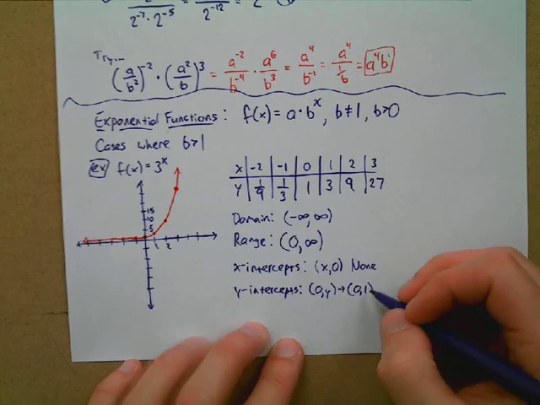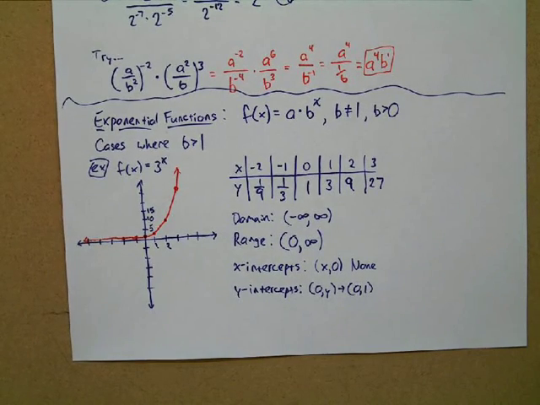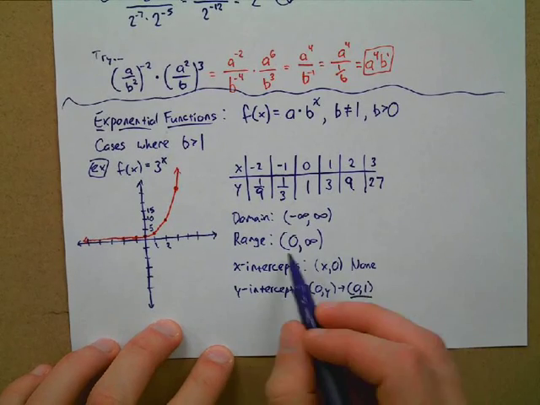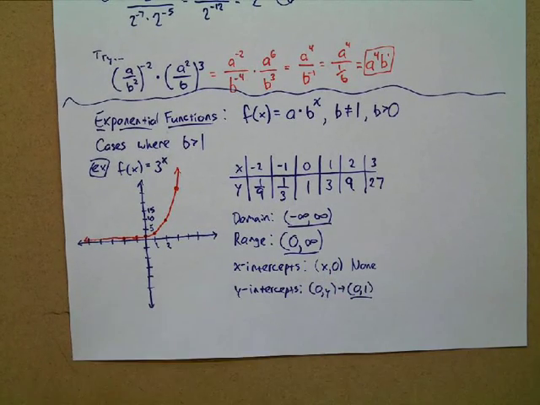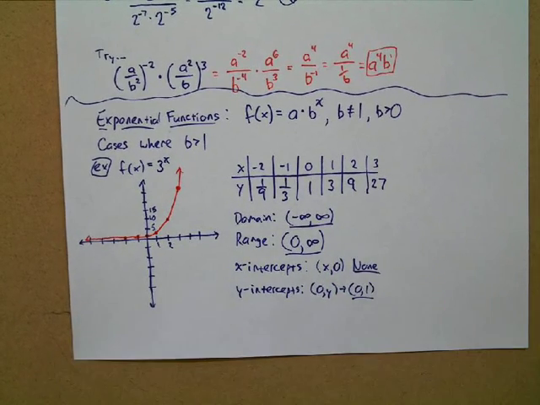All right, pretty straightforward stuff there. Let's take a look at the next case. We have the cases where b is greater than 1, which covers everything greater than 1, but we also have b values between 0 and 1, so we want to look at those as well.